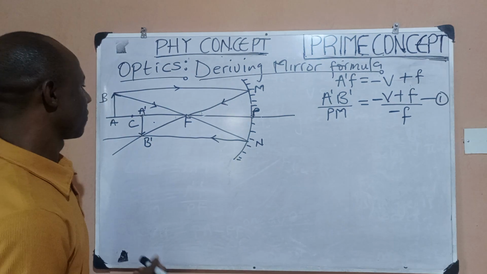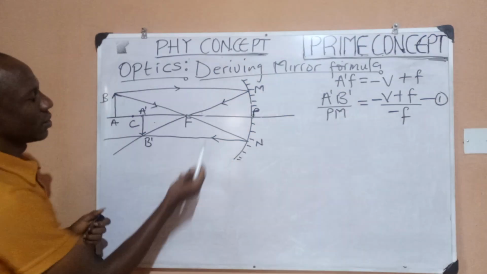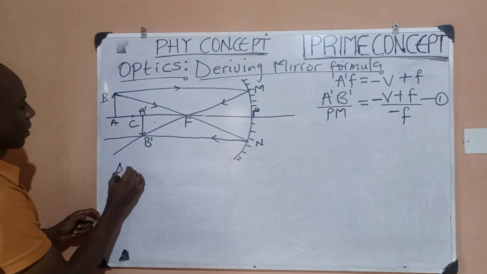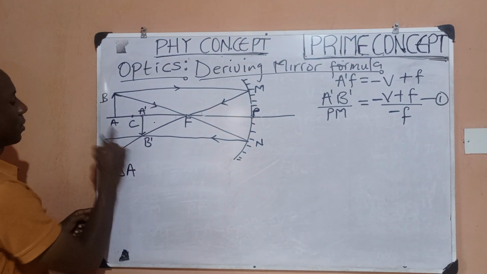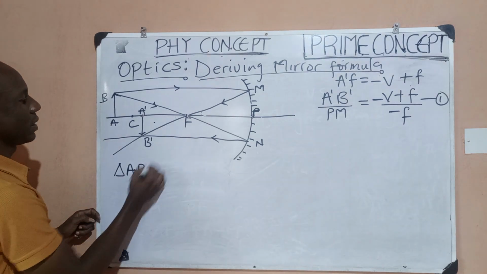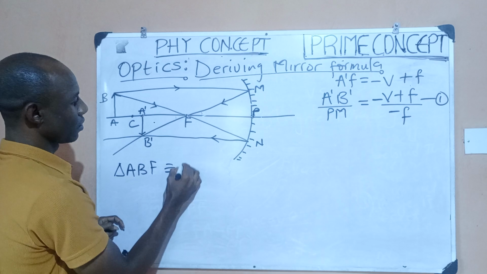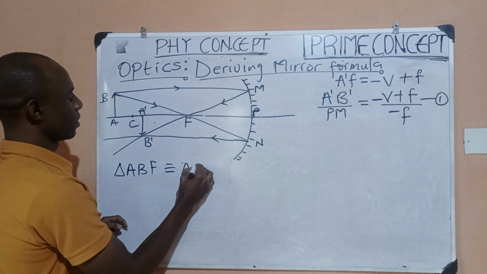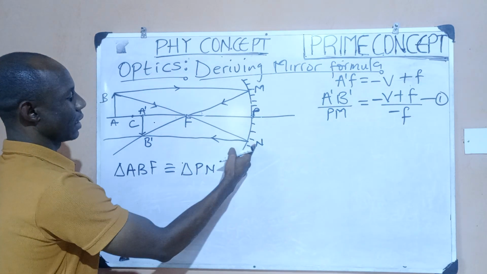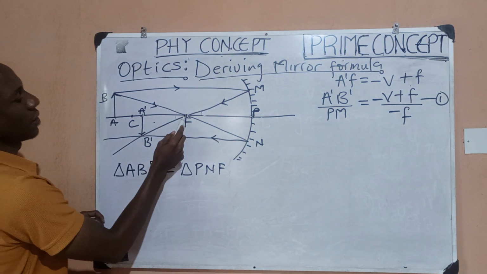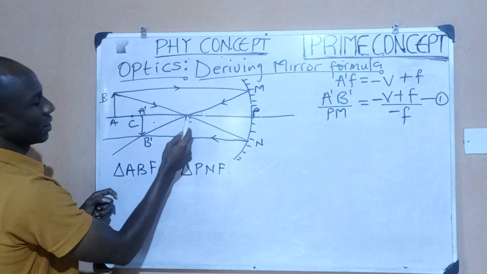So I also have, considering this triangle, triangle ABF is actually similar to triangle PNF. So this triangle ABF and PNF are similar.